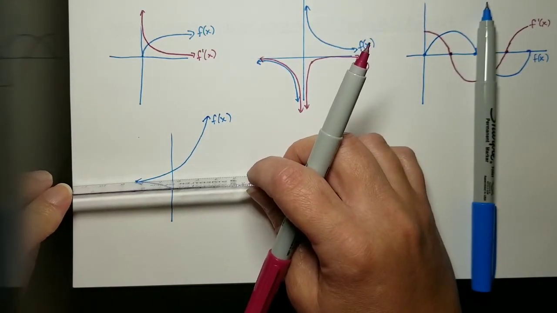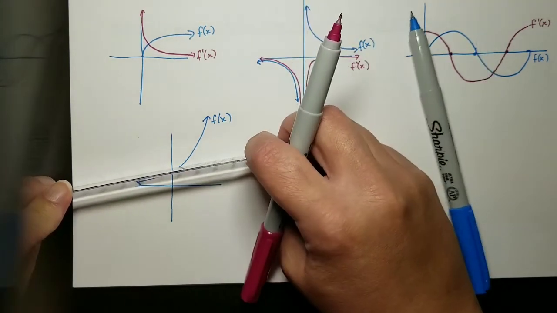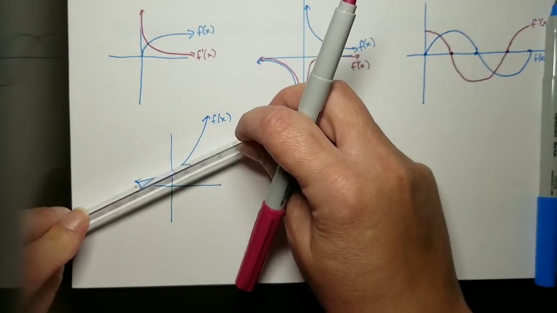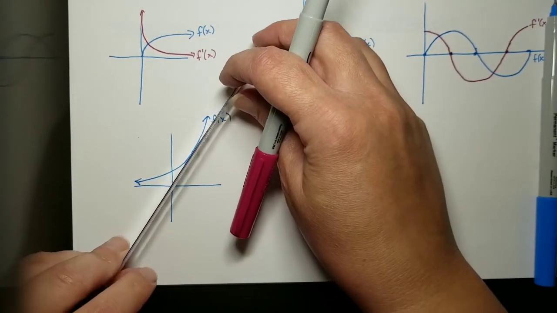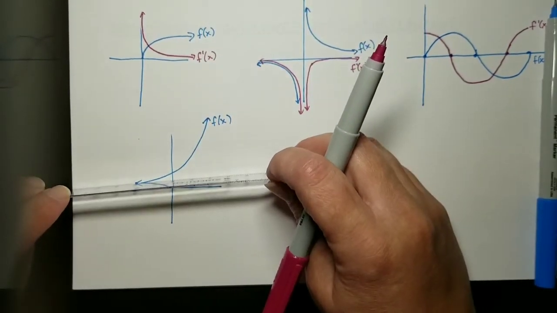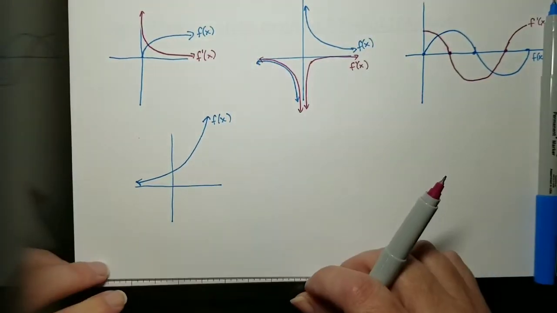Think about what's happening to the derivative here. Here the derivative is positive, but it's very small. It's small values, and then it's continuing to get bigger and bigger and bigger. So it starts out small and it increases and it always stays positive.